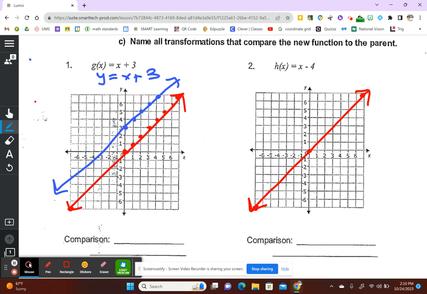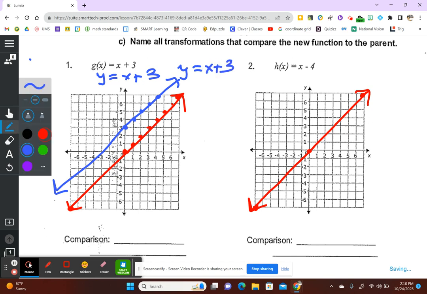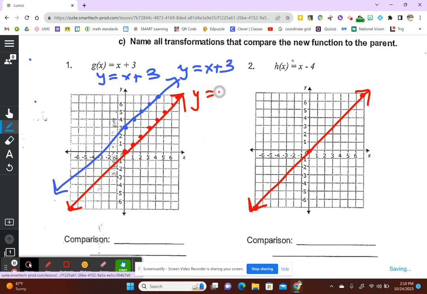And let's compare them. So this is y equals x plus 3, and this is y equals x plus 0. So they have the same slope, but different y-intercepts, right? So I'm going to put same slope, different y-intercept.